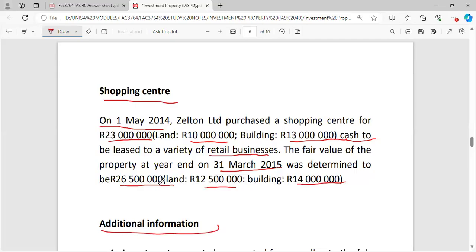You are going to record the fair value adjustment.